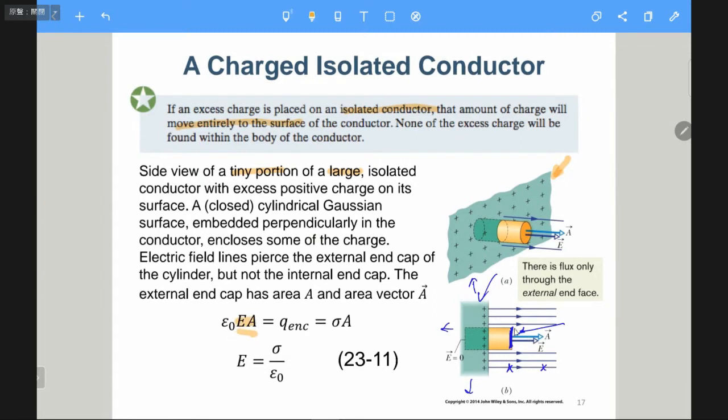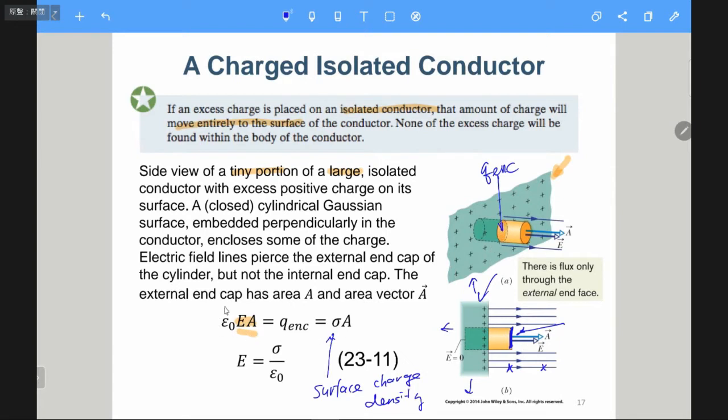When we apply the Gauss law for this Gaussian surface, we have epsilon naught times the total flux EA equals the enclosed charge for this part. This is Q enclosed. We also use the term sigma, the surface charge density, as we used in the previous chapter, multiplied by this area.